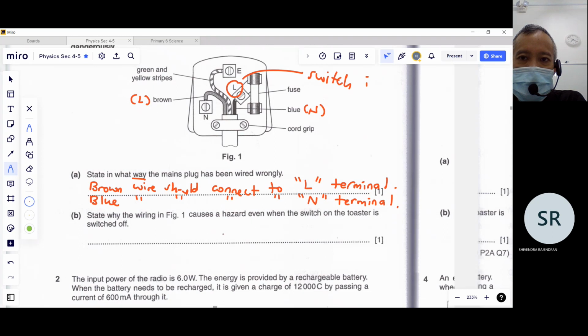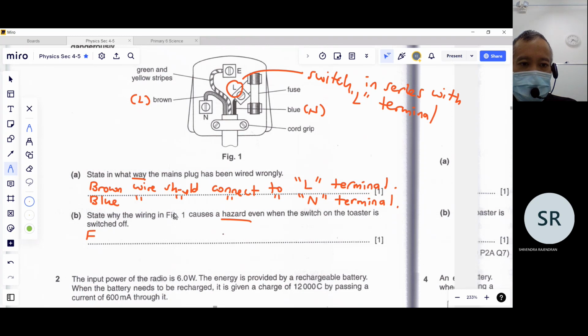But of course, you do not need to write this in the answer. They are asking for the hazard, not so much a direct explanation. Okay, the reason is this.